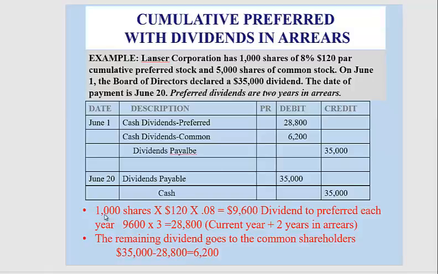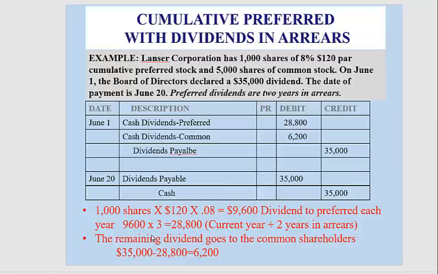We calculate the dividend the same way we did in the previous slide, so $9,600 per year for the preferred stock dividend, and then we owe preferred stock shareholders 3 years worth of dividends, the current year plus the 2 prior years, because dividends are 2 years in arrears.